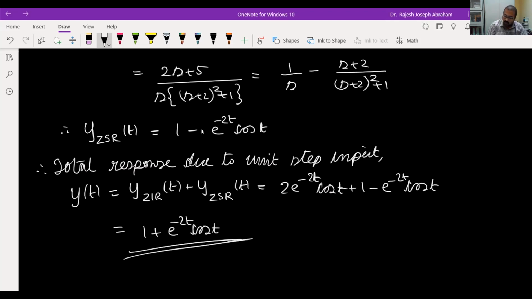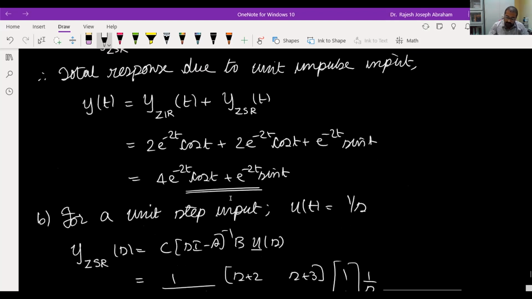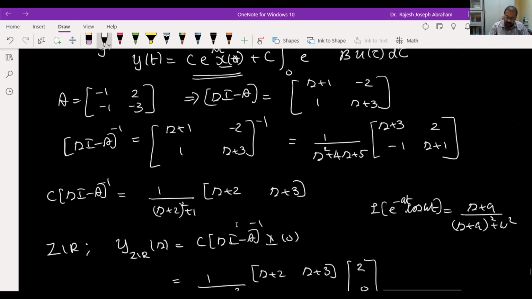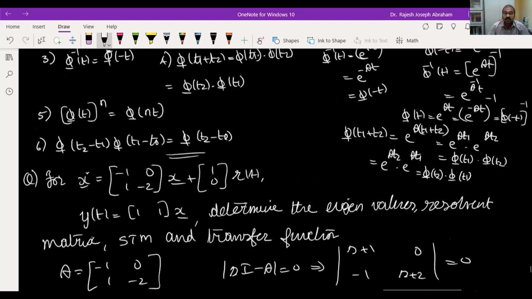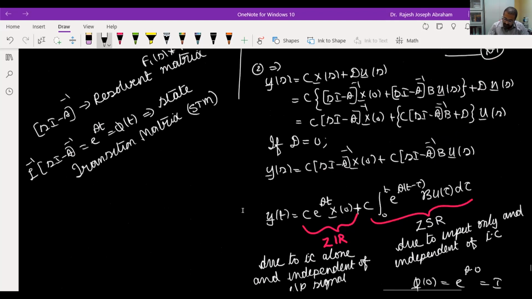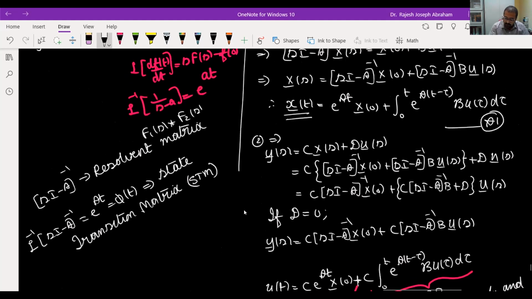Okay, so we came to know how to find this. This was the output response. Okay, how will you find the x of t, the solution to the state equation? See, x of t is e raised to at x naught. This equation is important.